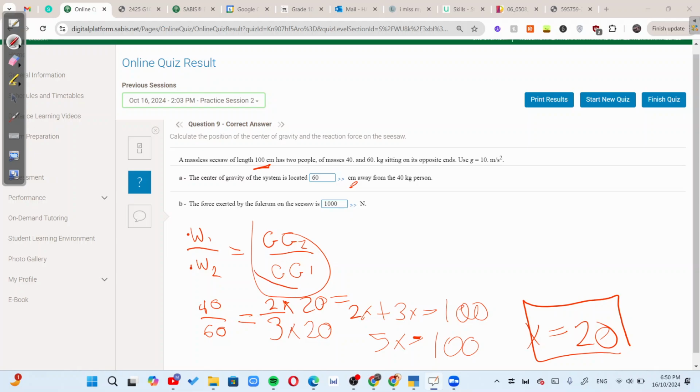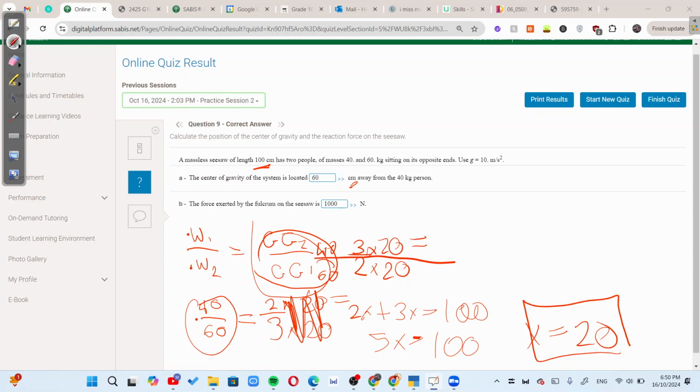And since they're switched for G2 and G1, you flip it: 3 over 2 times 20. First flip it, then do times 20, guys, okay? This is your ratio for the weights, and then you invert it for the distance. We know that here we had the 40 and here we had the 60. So if 40 is on top, whatever you do here is for 40. So the distance from the 60 kilograms is 40. And that's how you solve it.